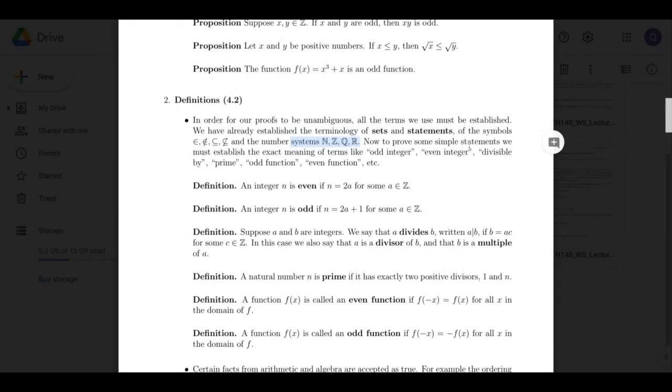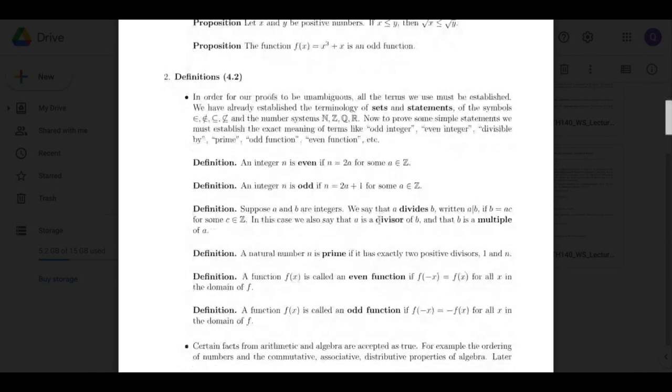Now, to prove some simple statements, we must establish the exact meaning of terms like odd integers, even integers, divisible by, prime, odd function, even function, and so on and so forth. So theorems are proved upon definite definitions.